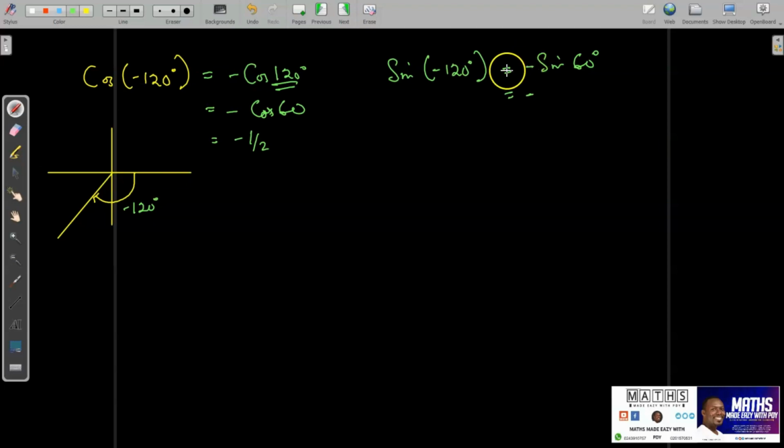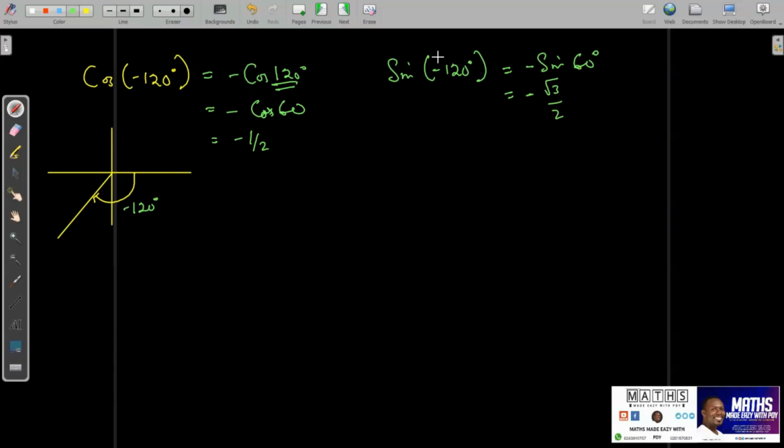So we have negative √3 on 2. You can verify from your calculator: when you program sine of negative 120 degrees, the final answer is negative √3 on 2. Are we all okay?